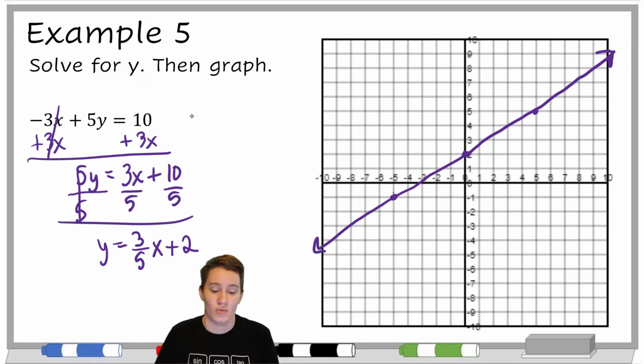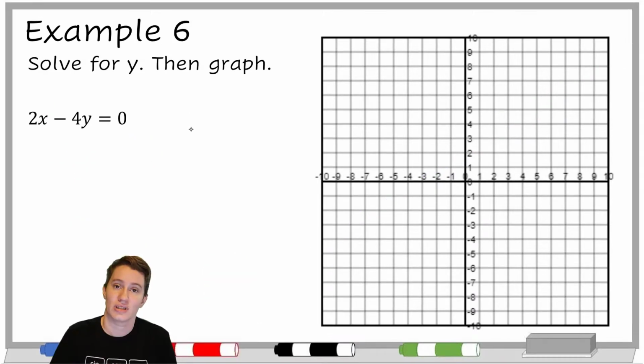Beautiful. We got one more to do, and this is actually going to show you one reason why it's helpful to have this skill, even if you love using intercepts, even when graphing with intercepts gives you fractions. If you're still like, I'm totally fine with that, this next example does not work by using intercepts. So check it out. If we cover up either of these and solve, we get 0 for both.